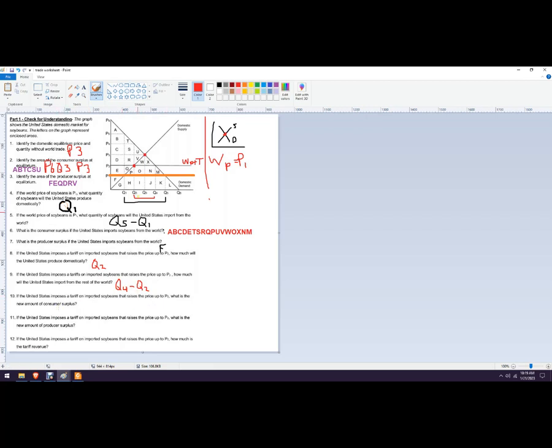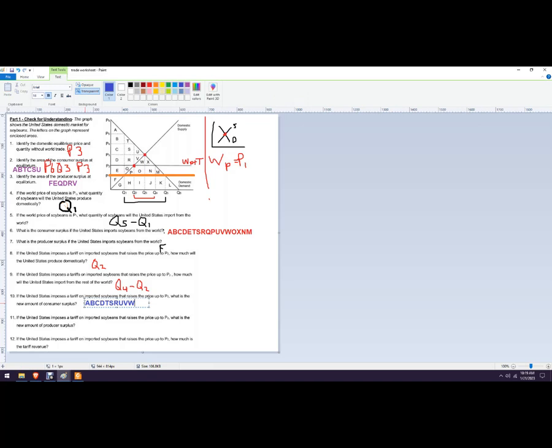If the US imposes a tariff on imported soybeans, what is the new amount of consumer surplus? The new consumer surplus is going to be this blue triangle, below the demand curve, all the way out to the price. In letters, that's A, B, C, D, T, S, R, U, V, W, and X. And what is the new amount of producer surplus?